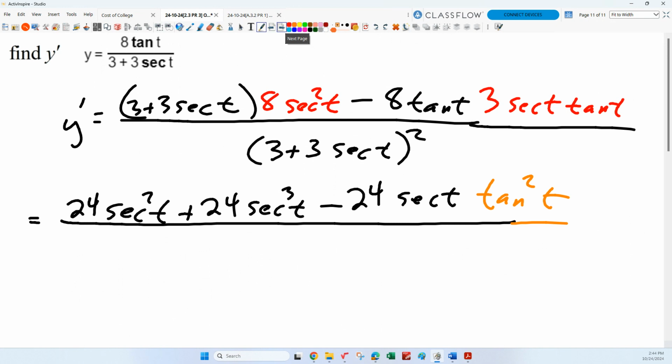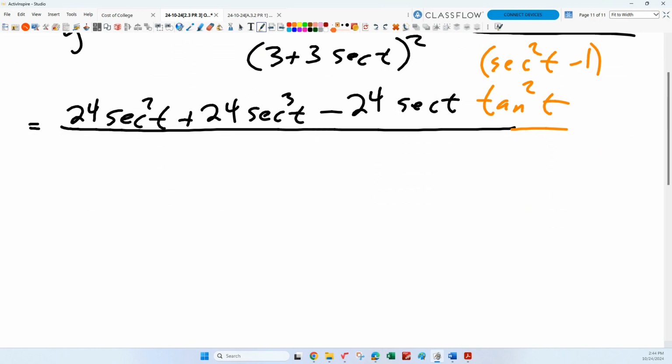Right? So we're going to trade this guy for secant squared t minus 1 and distribute the negative 24. And then we can cancel some stuff, right? Everybody see that? Just in the numerator. The denominator's not changing.